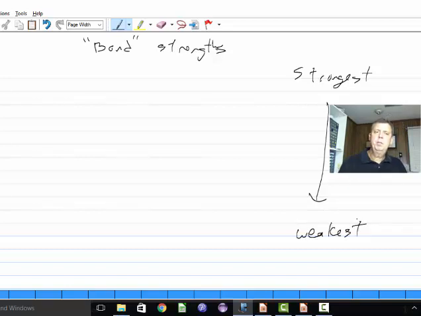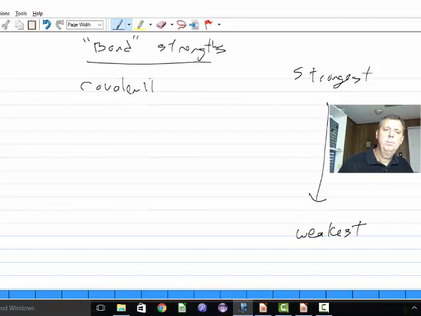But I'll include intermolecular forces here. Strongest bonds are covalent in general. Sorry, kind of sloppy there. Ionic are next.